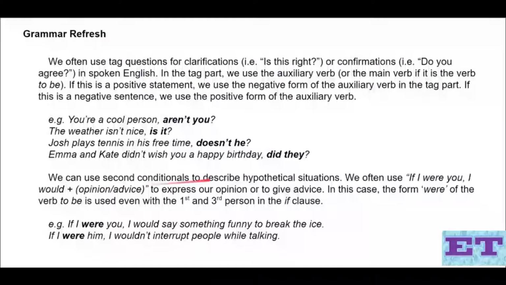So the structure we use is, if I were you, I would, and then you add your opinion or your advice, or something that you think you would do in that situation.